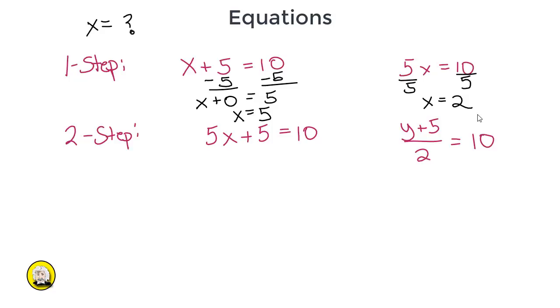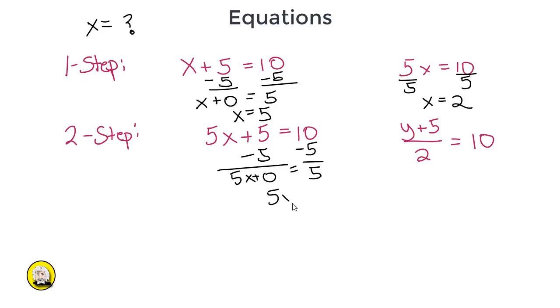Let's increase the complexity to a two-step equation. 5x plus 5 equals 10. Well, I'll try a combination of those approaches we just looked at. I'll subtract 5 from both sides to start off to eliminate the constant value that's on the same side as the x, and that of course becomes 0. 5x plus 0 equals 10 minus 5, or 5.